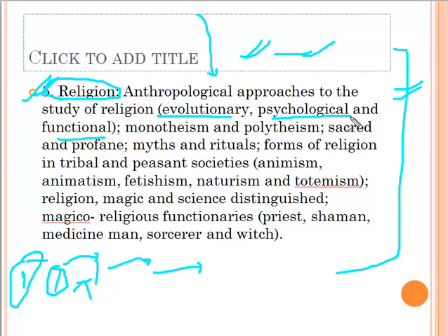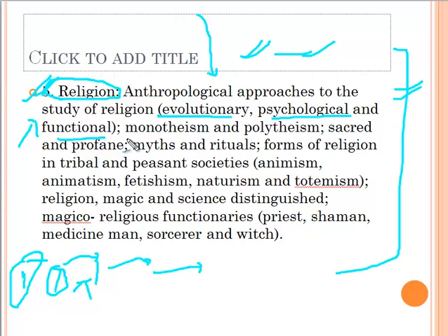Then the psychological and functional approach means religion serves different functions, like it binds society together. It makes sure that people cooperate with each other and believe in something, and they come and celebrate, so there is more economic activity and all. Whatever it is, we will study later.